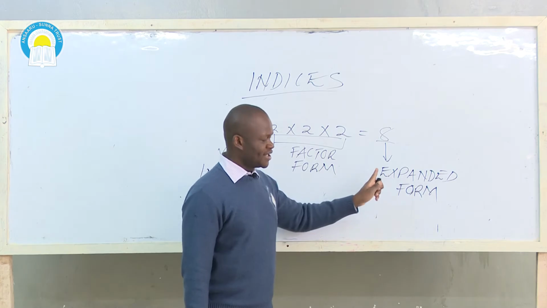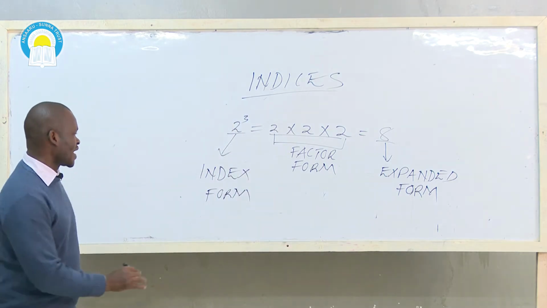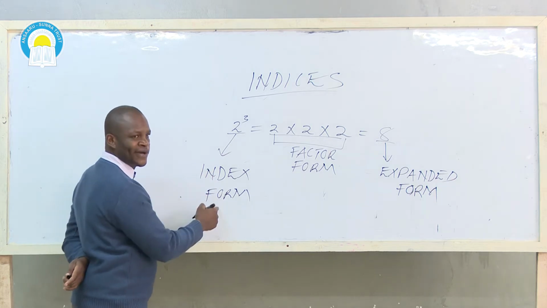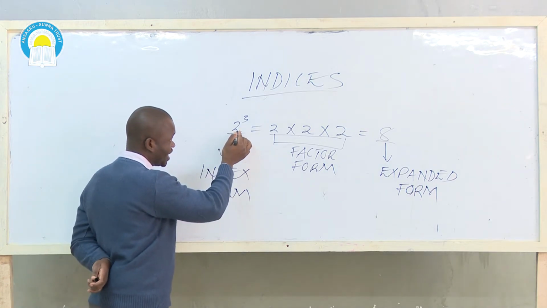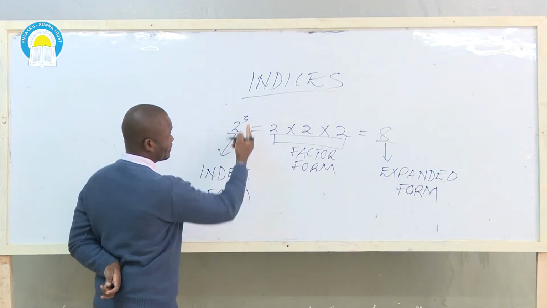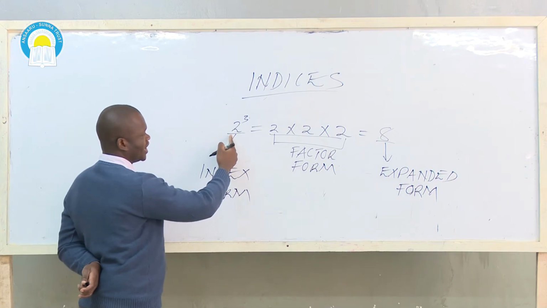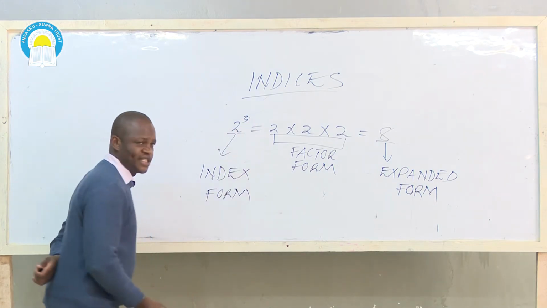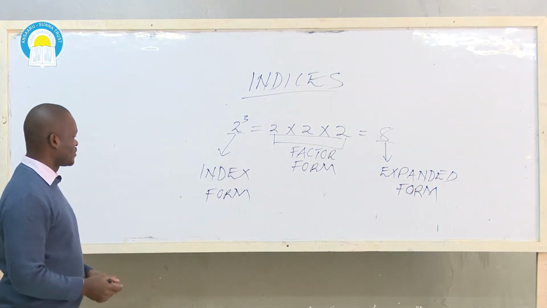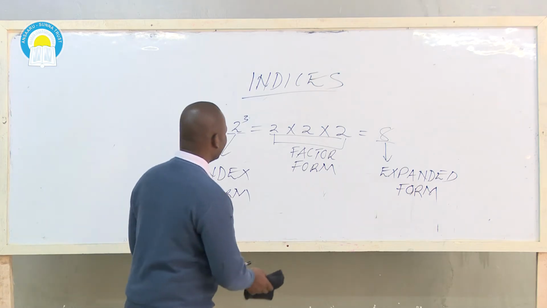So we have index form, factor form, expanded form. Now, if you're very keen, a number in index form has two components. The number below here and the number on top of 2. So these numbers have different names, something we want to discuss. So now let's start our indices.